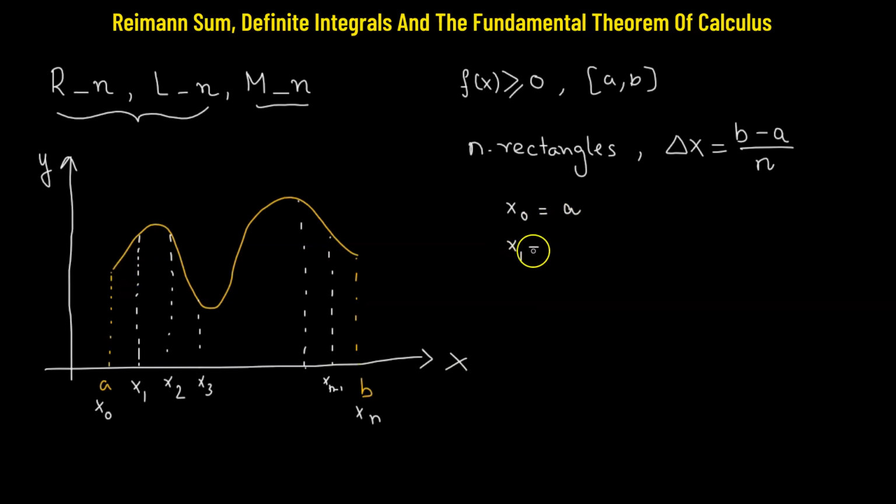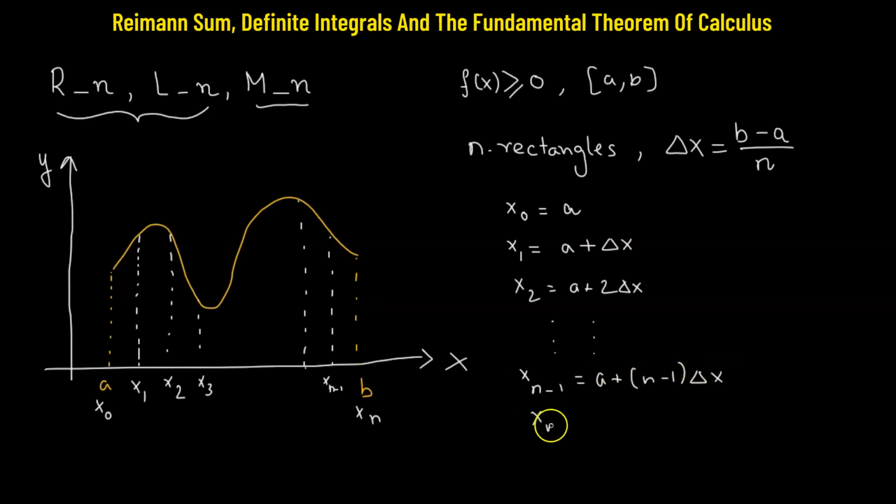Then x1 is a plus delta x, x2 will be a plus 2 times delta x, and we can go all the way up to x(n minus 1), which is a plus (n minus 1) times delta x, and xn will be a plus n times delta x, which is the endpoint b.